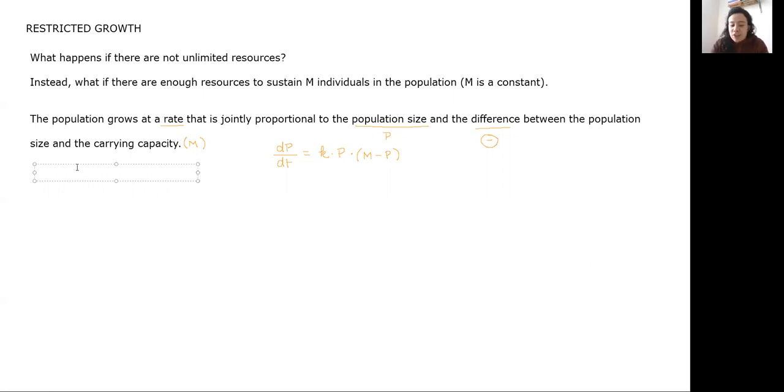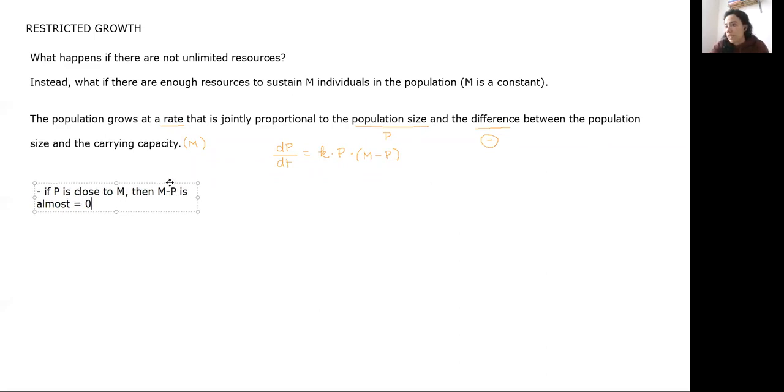All right, so for the next part, I'm just going to explain a couple of things over here. The first thing is that you can see here that if I have a population that is close to M, so if P is close to M, that means the population size is close to M, then this term, M minus P, is almost equal to 0.